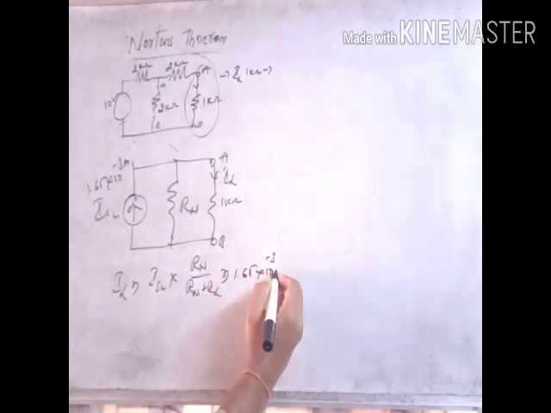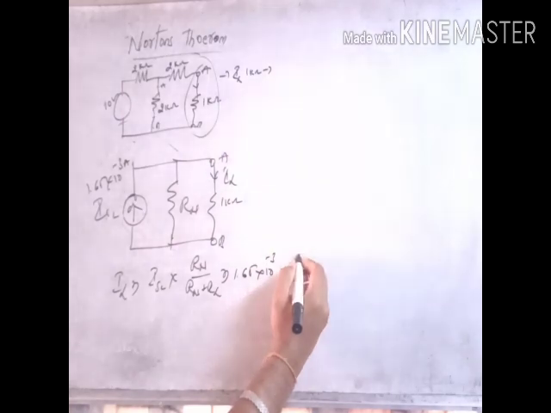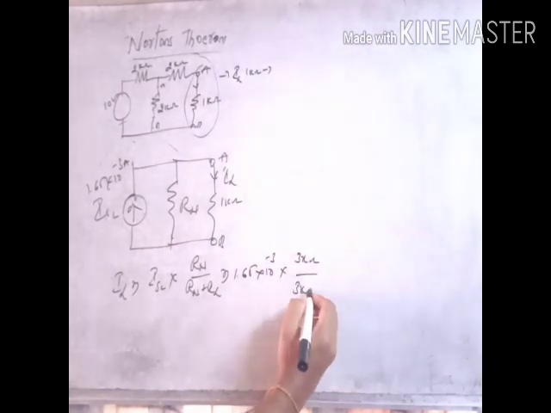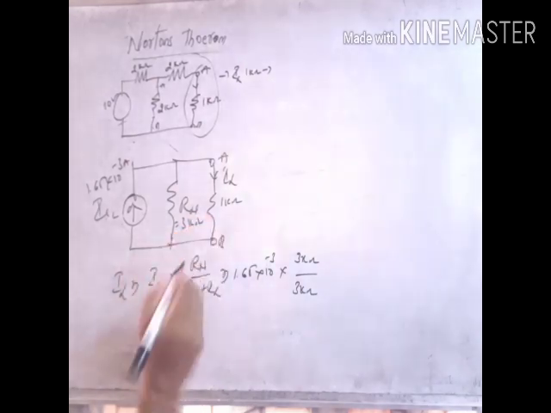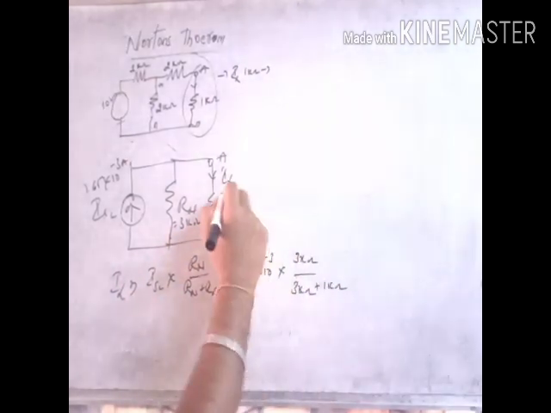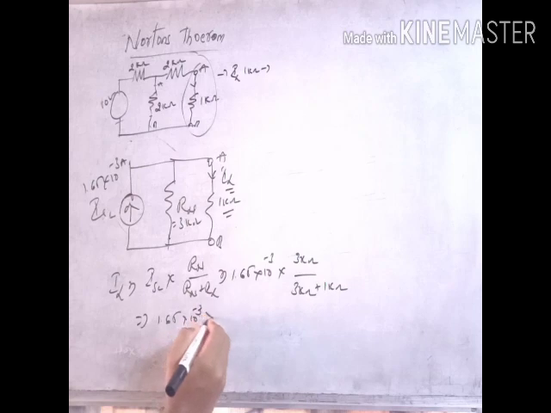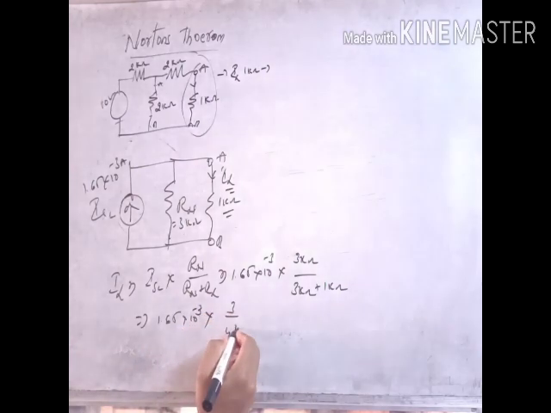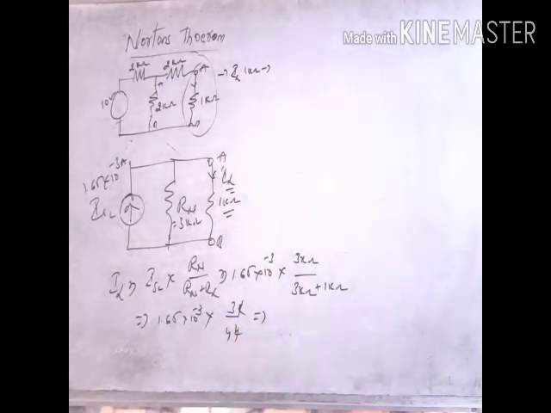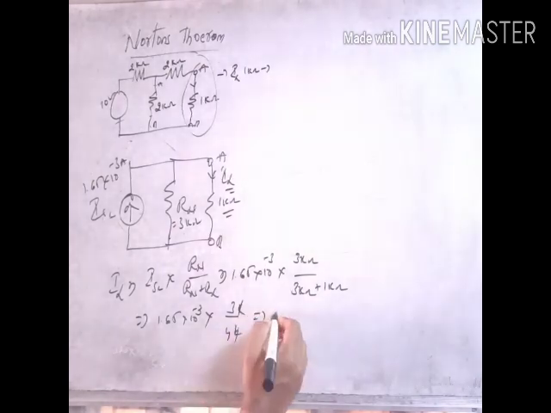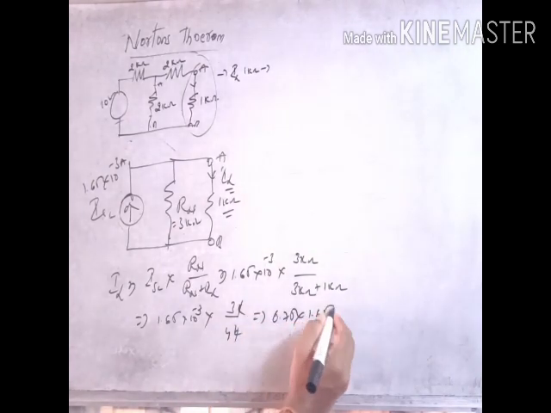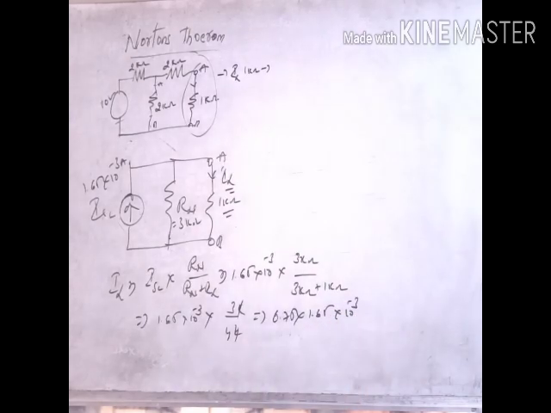IL equals 1.65 into 10 to the power of minus 3 into RN, which is 3 kilo ohms, by 3 kilo ohms, which we already calculated, plus the load resistance of 1 kilo ohm. That is 1.65 into 10 to the power of minus 3 into 3k by 4k, that is 0.75 into 1.65 into 10 to the power of minus 3.